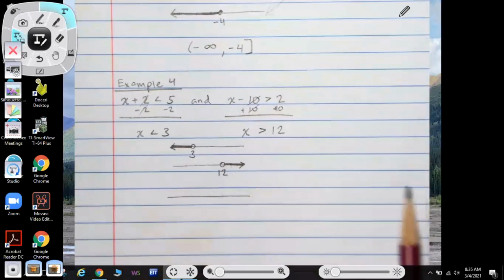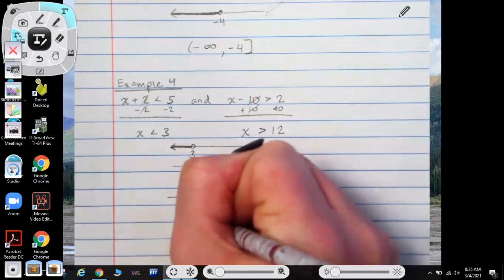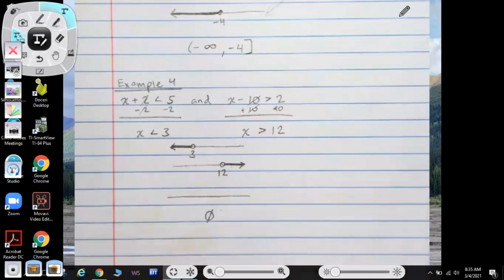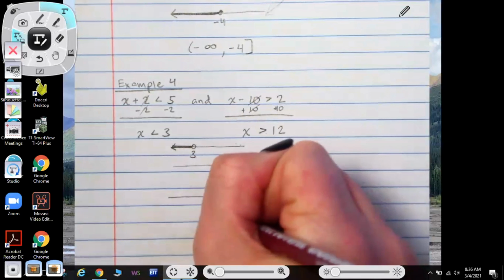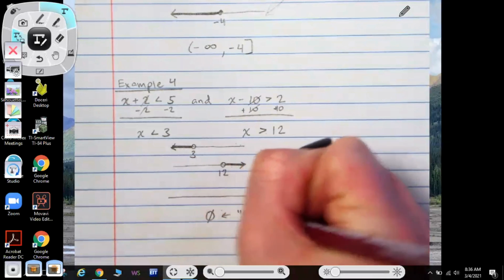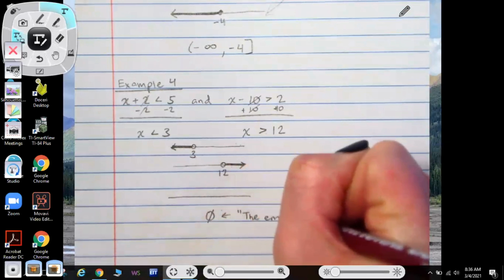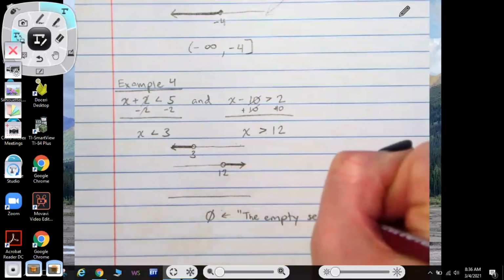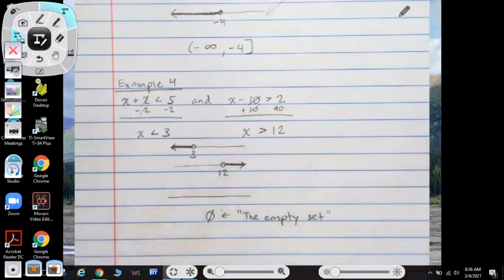And we can't write an interval as our solution. All we can really write is this symbol, 0 with a line crossed through it. That means the empty set. So it's a set with no numbers in it.